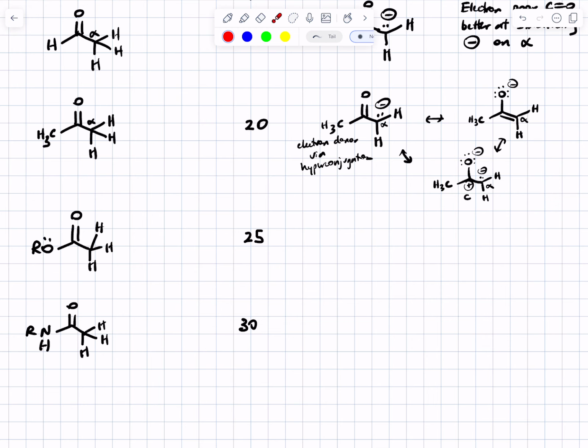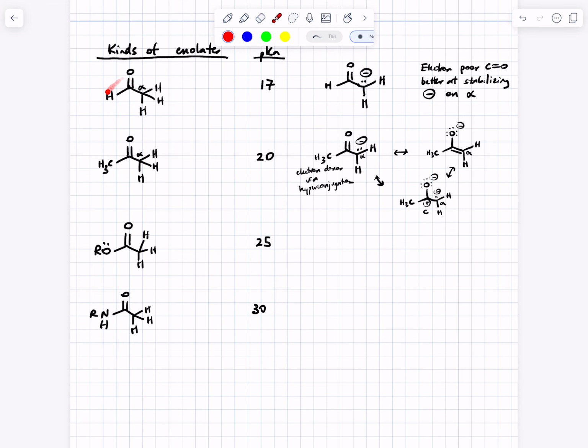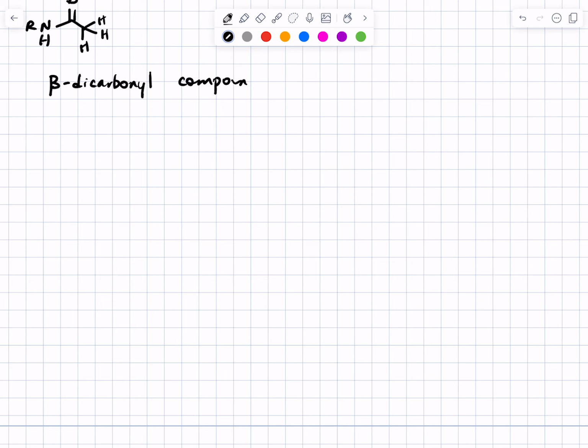So let me show you an example of that. One of the ways you can make aldehydes and ketones even more acidic is to put an additional electron withdrawing group on the alpha carbon. So I'm going to create a separate category for these. I'm going to call these beta dicarbonyl compounds for reasons that will become clear in a moment.